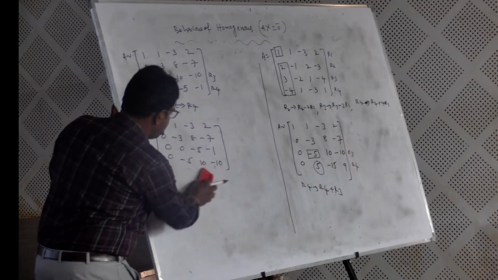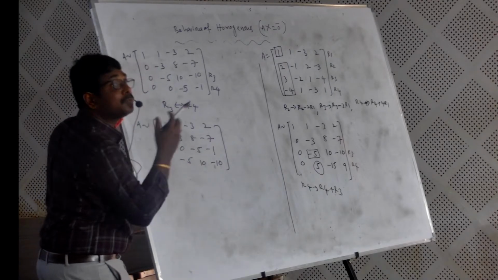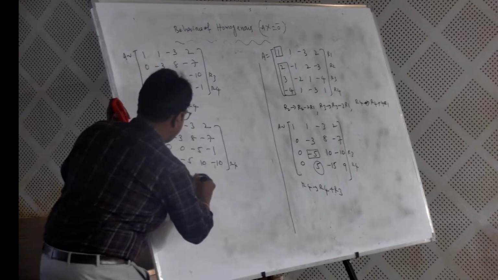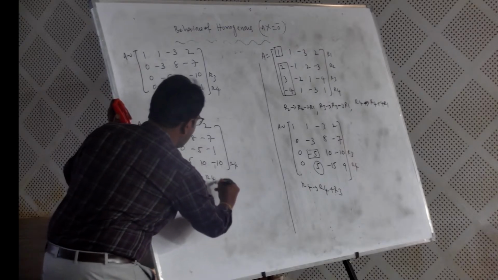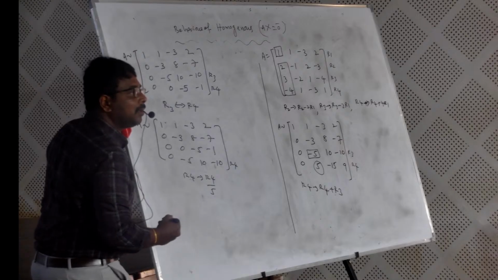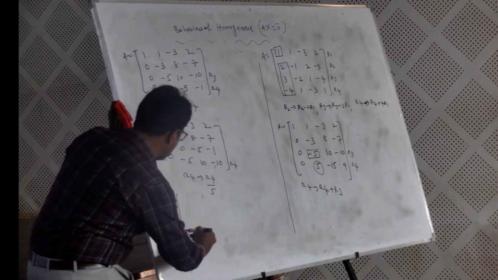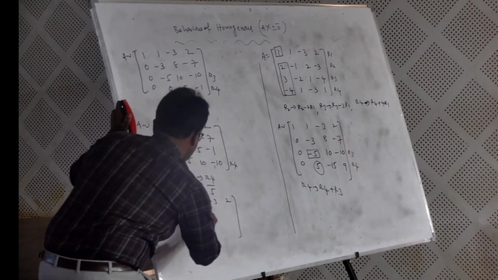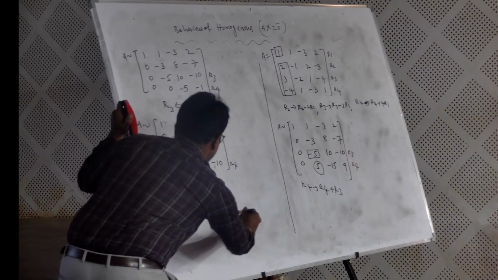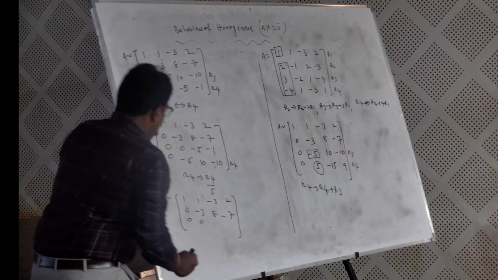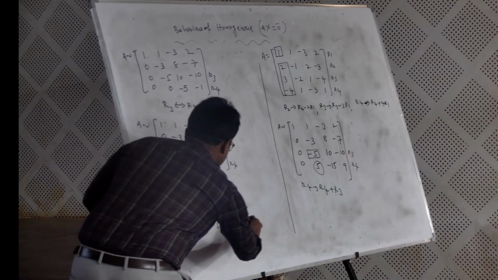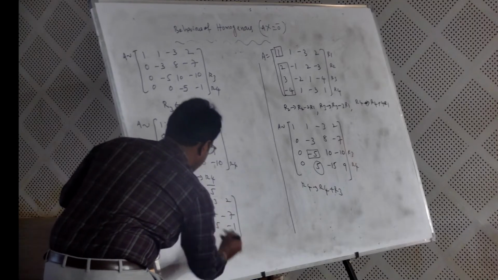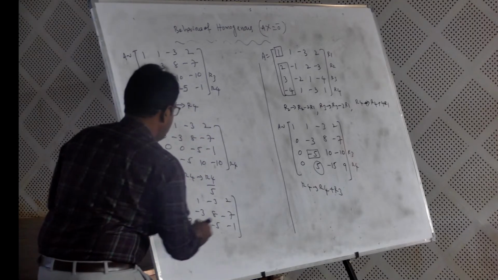So what I do, first I will convert the elements to small, simple elements. How? R4 implies R4 by 5. Then what is A equivalent to now? 1, 1, minus 3, 2, 0, minus 3, 8, minus 7, minus 5, minus 1, 0, minus 1.